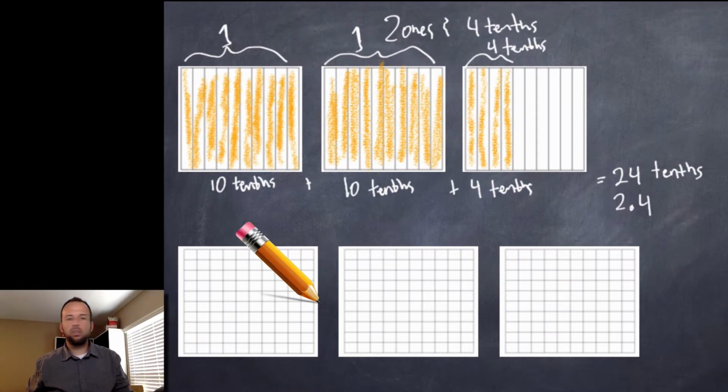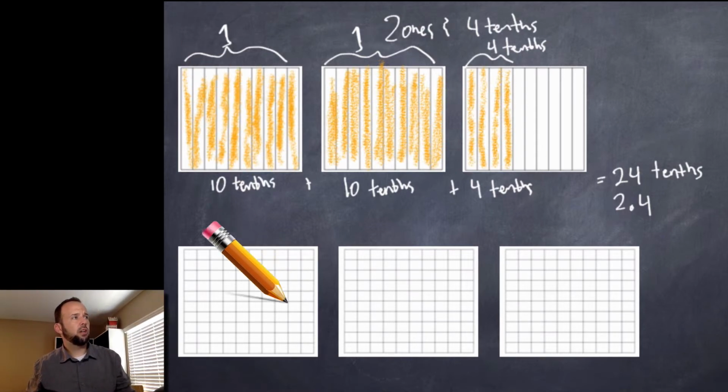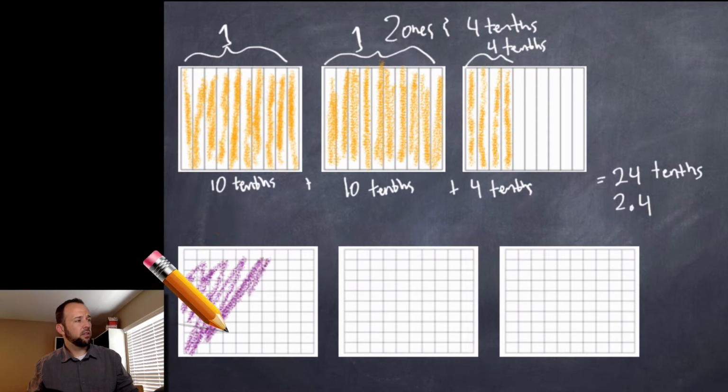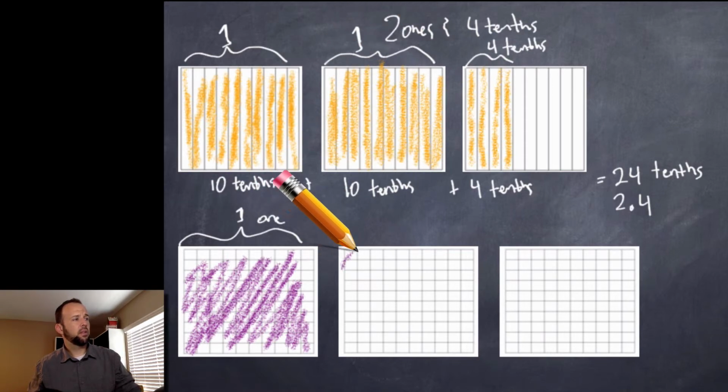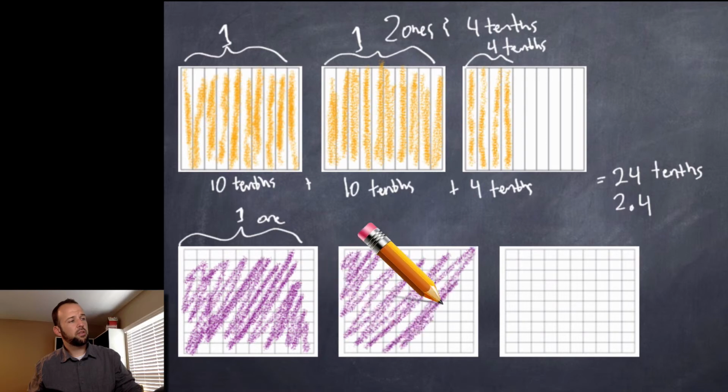Let's come down here and try to do the same thing with our hundredths, okay? If I wanted to do this with hundredths, well, 100 hundredths would give me 1 whole. I'm just going to color these in a little sloppy here. So there's 100 hundredths, which is 1 whole, or 1 one, however you want to look at it. And then I could color in these 100 hundredths.